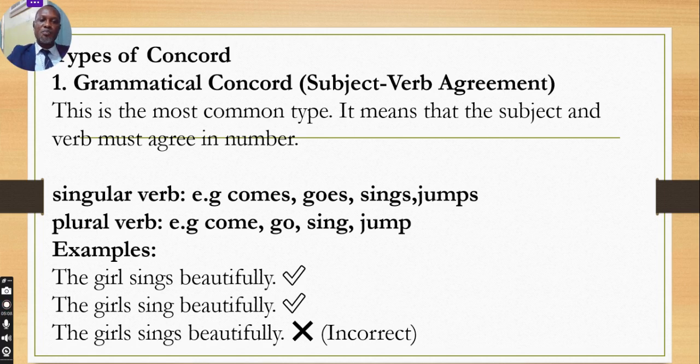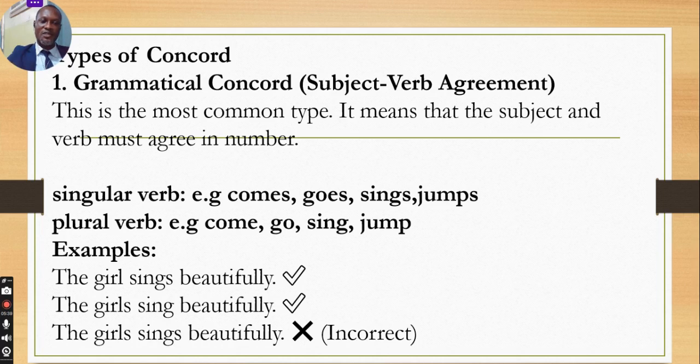Now, examples of subject-verb agreement concord. The girl sings beautifully. From the knowledge of what I told you about singular verbs and plural verbs, you would understand that the verb used in this place is a singular verb, sings, while the subject is a singular subject.